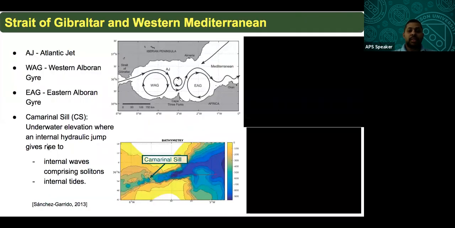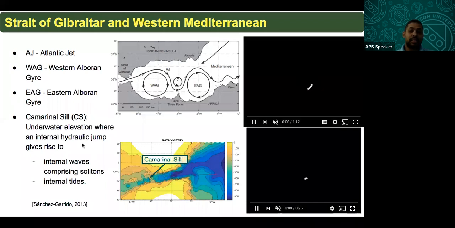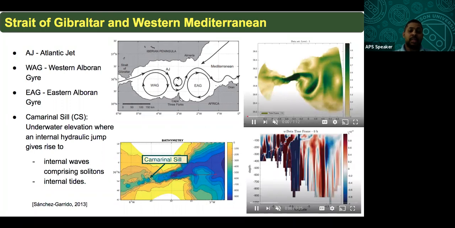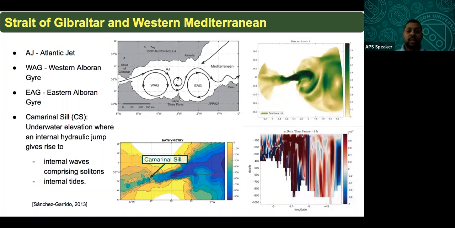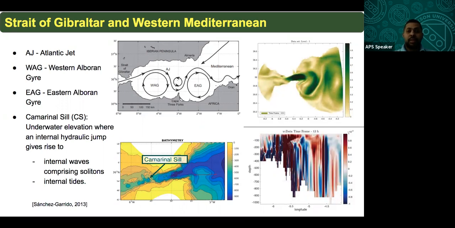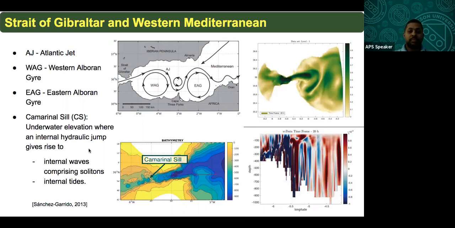The Strait of Gibraltar and Western Mediterranean have a lot of interesting features, such as the Atlantic jet, the Western Alboran gyre, and dynamics around the Camarinal sill, like internal waves, internal tides, and so on.